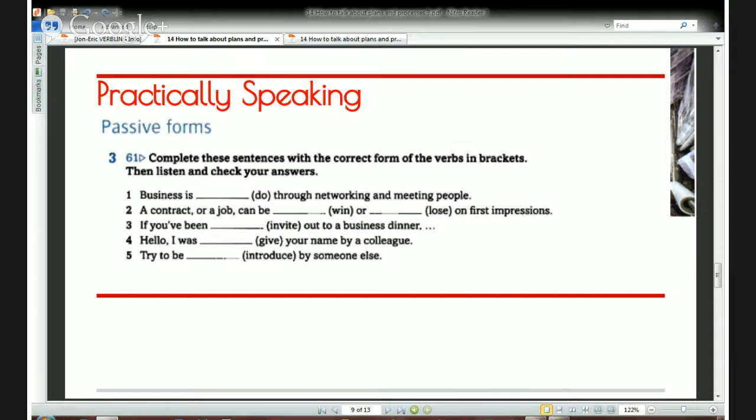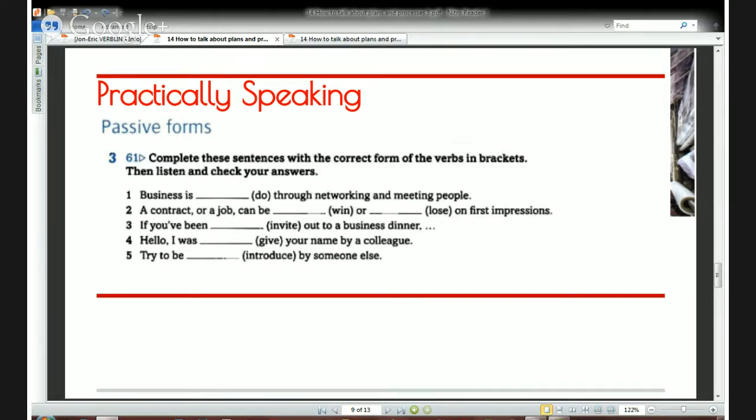Anyway, Florina, you're absolutely right. Giuseppe, what do you think about number 2? Remember, these are all sentences you just heard in the speech. A contract or a job can be won or lost on first impression. Which is it? And remember exactly which is the past tense and the past participle of the verb lose.